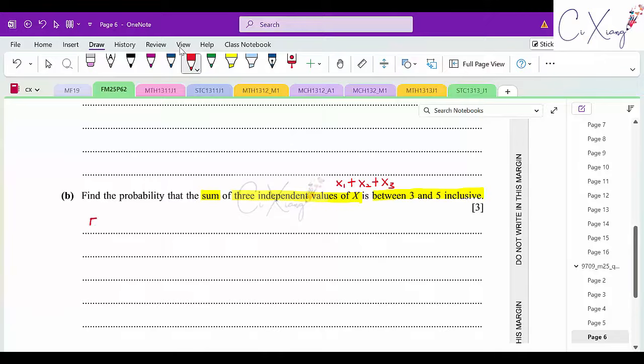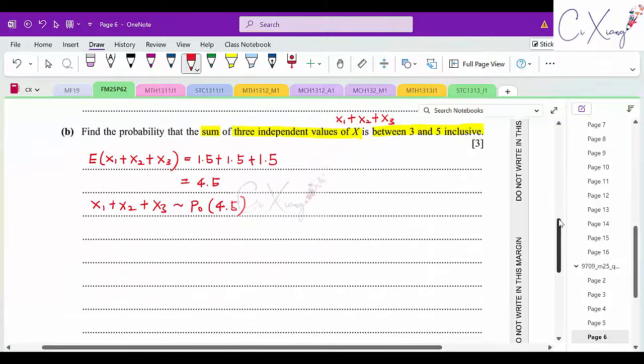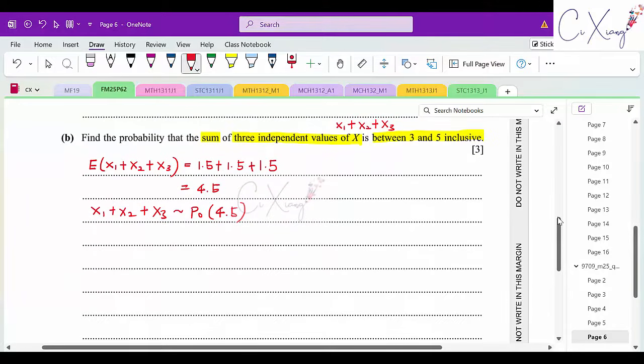So first I want to find the mean for x1 plus x2 plus x3. It should be 1.5 plus 1.5 plus 1.5, so you have 4.5 here. Which means that x1 plus x2 plus x3 is still Poisson distributed with mean 4.5, or lambda 4.5.